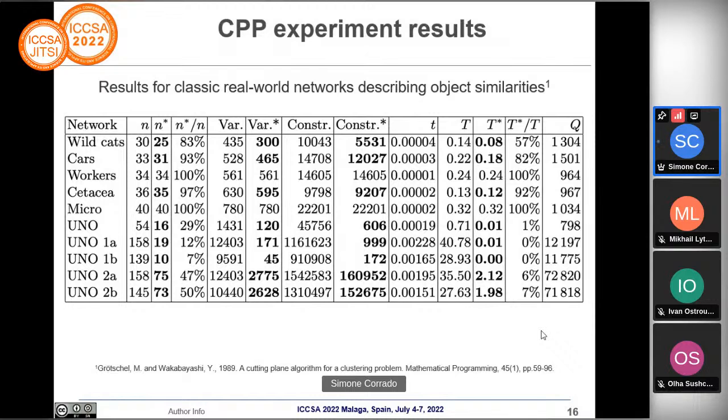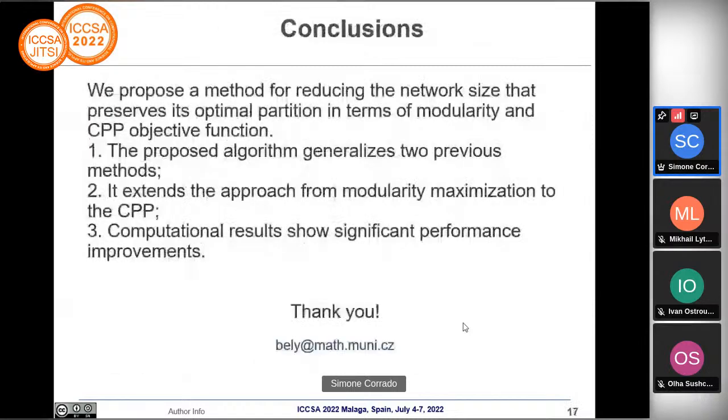We show that for some networks, if you apply our algorithm, it reduces the size of the network from almost 140 to 10 nodes, and the time it takes becomes negligible. So that benchmark probably becomes super easy to solve now and probably shouldn't be used anymore, at least if you apply the merging strategy in the first place before trying to solve the problem.